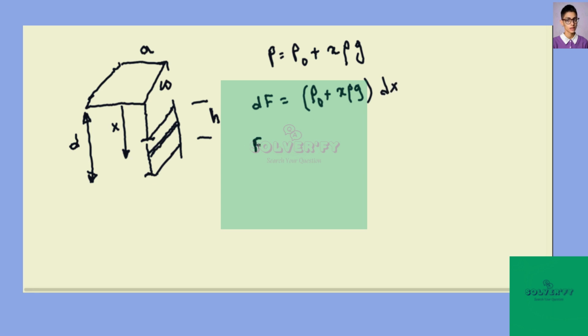So the total force will be given by the integration of P naught plus X rho G dx, and the integration limit will be from this point to that point. So this is given by d minus h to d.